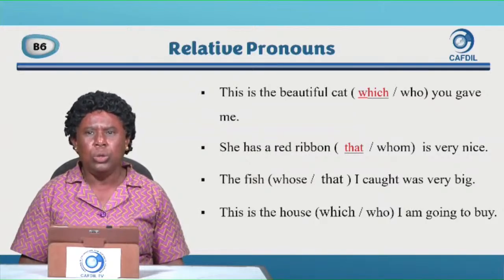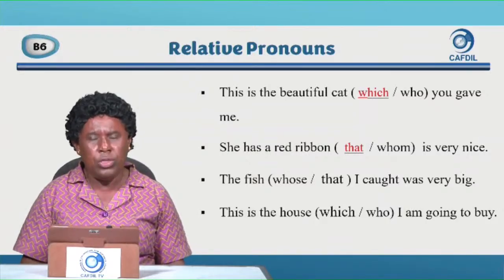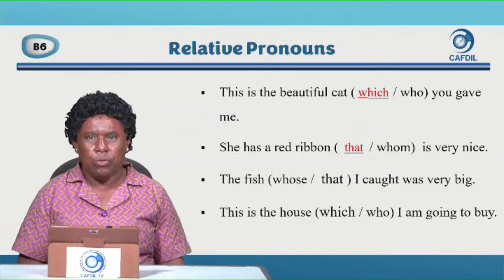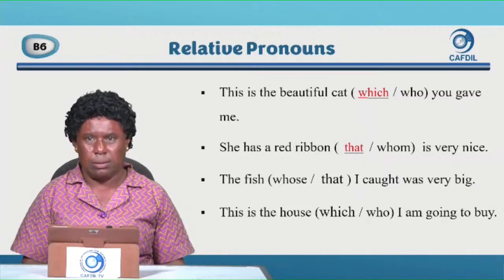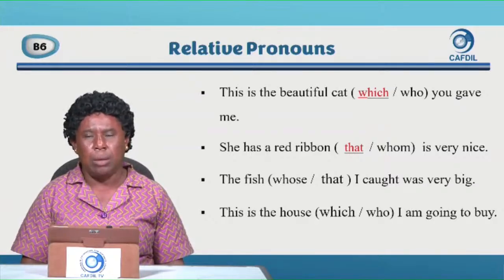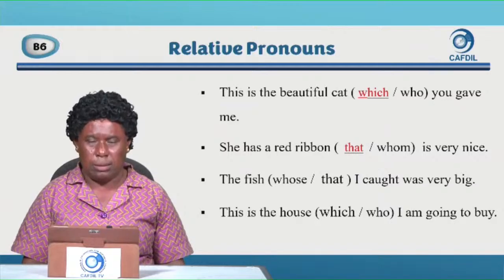I hope you have taken note of how to use all these relative pronouns for their purpose: those that can be used for persons, those that can be used for animals and things, and those that can be used for persons, animals, and things.